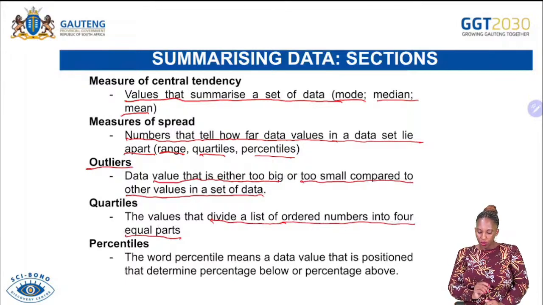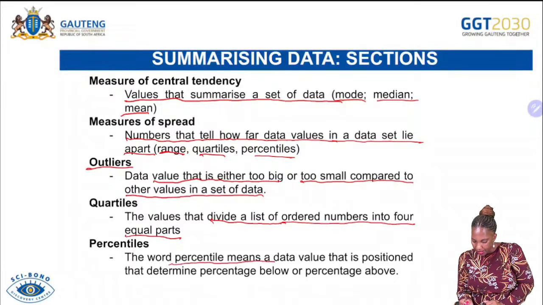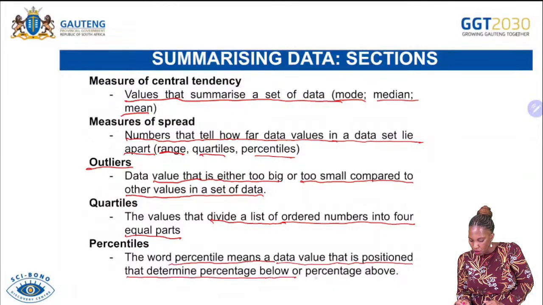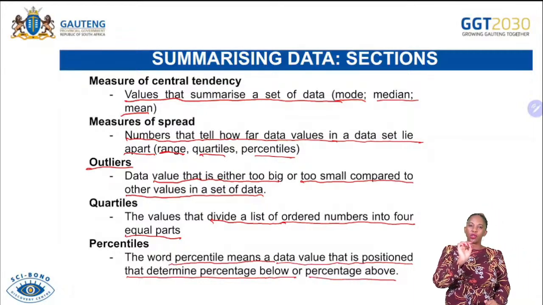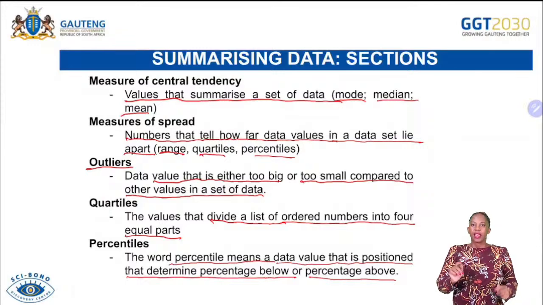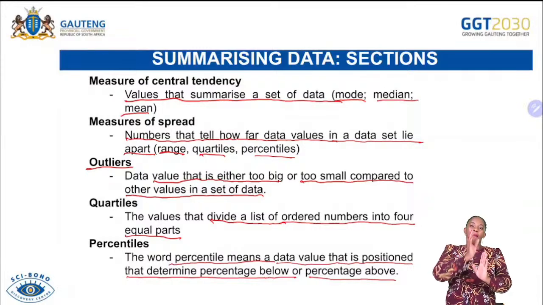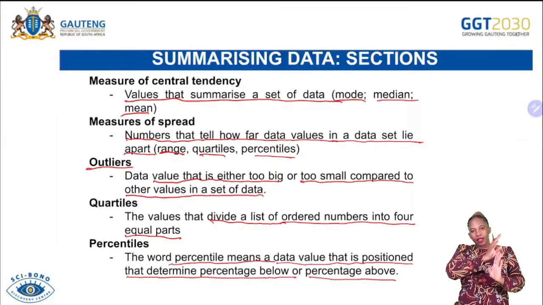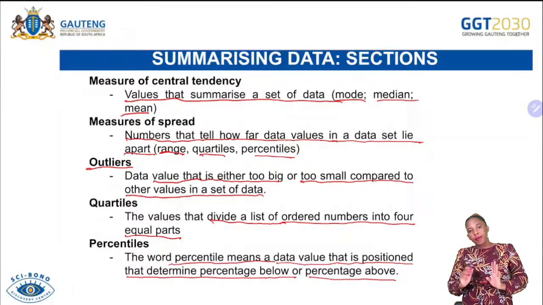And then when it comes to the percentiles, boys and girls, the word percentile means a data value that is positioned so that it determines the percentage below or percentage above. So you will see when we do these percentiles, boys and girls, we do them with the box and whiskers, whereby it says whether these values are above the percentile or the percentage, or below the percentage.